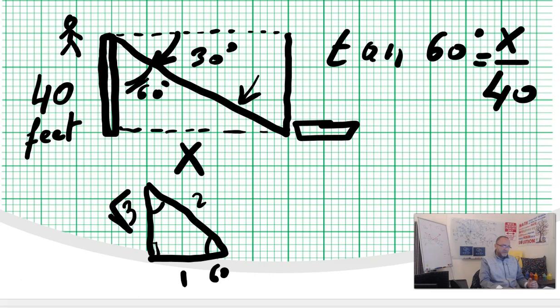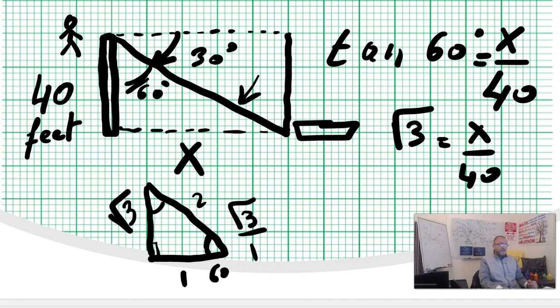So what is the tangent of 60? The tangent of 60 is opposite, square root of 3, divided by adjacent, 1. So it's square root of 3. So I have square root of 3 equals x divided by 40. So if I am to find the distance between the lighthouse and the boat, I just do x equals 40 times square root of 3.